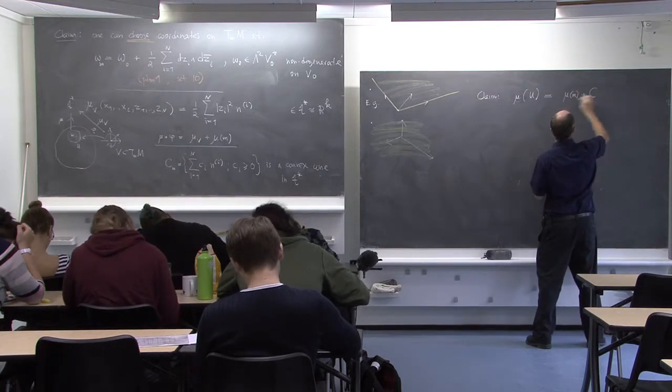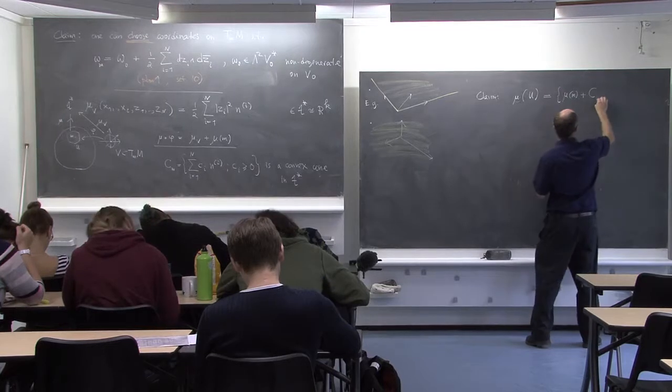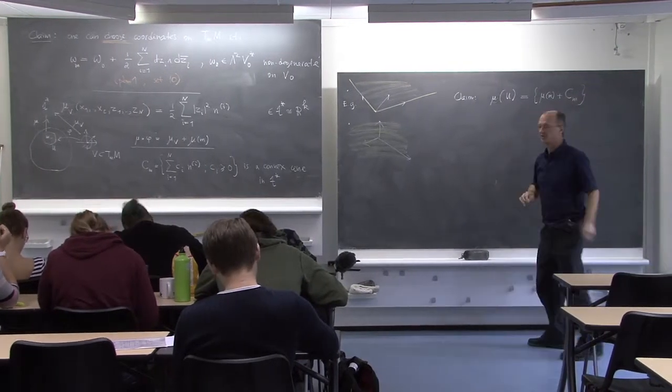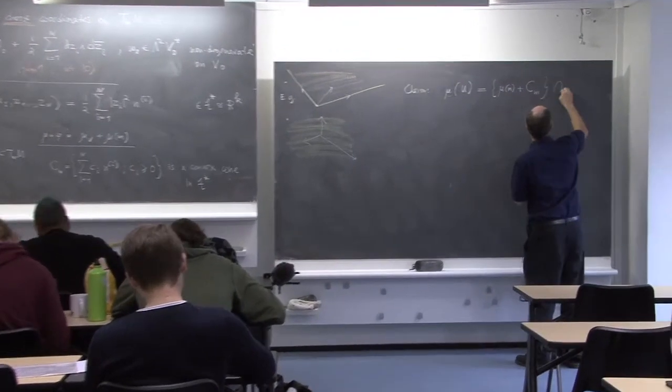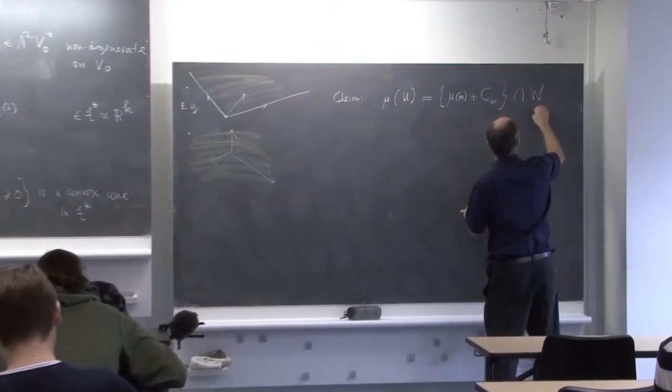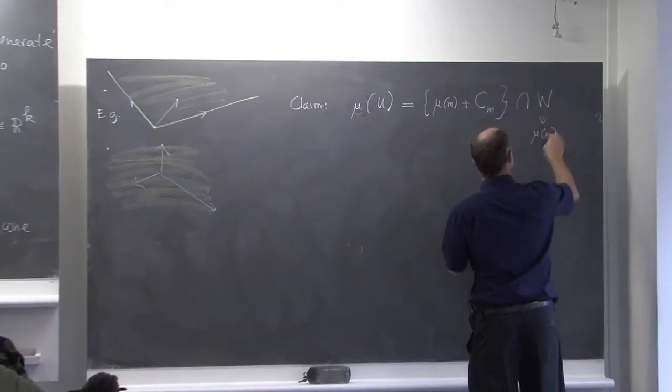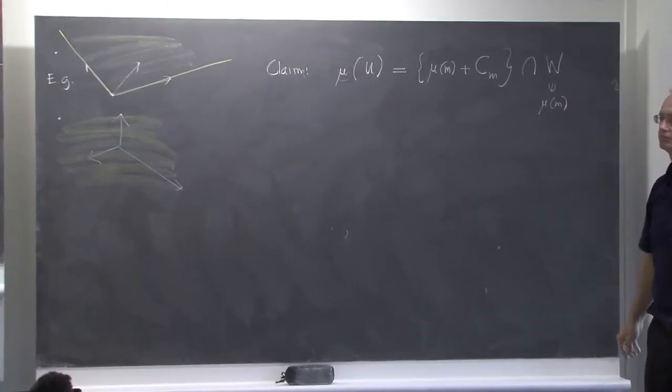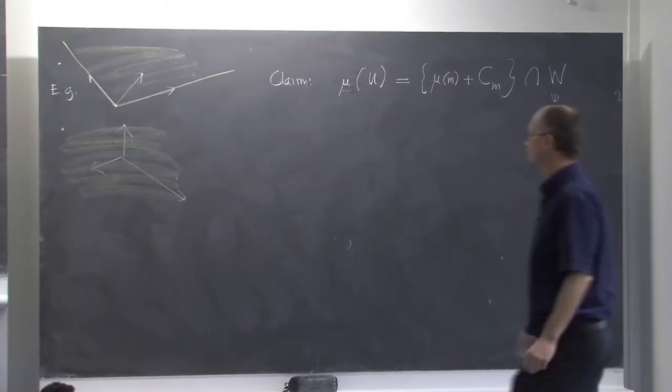I take the set mu of M plus C_M, and I intersect it with some open neighborhood of mu of M.